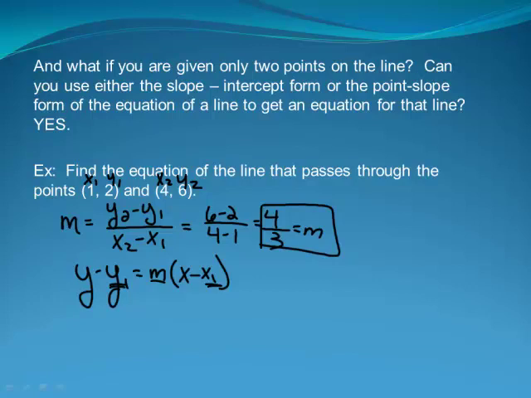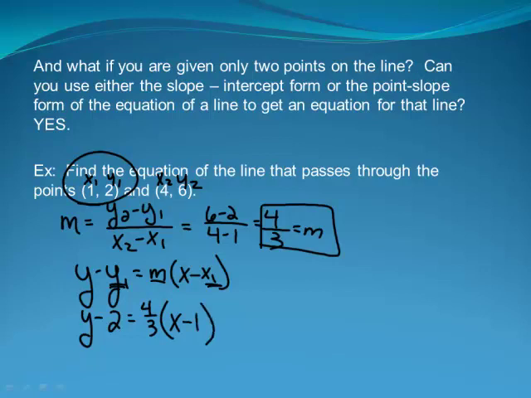You'll get the same equation either way. I'm going to use this first point only because I already have it labeled as x1, y1. So just for simplicity's sake, I'm going to use the first point. So we've got y minus y1 is 2. And that's equal to our slope, which is 4/3, times the quantity x minus x1 is 1.